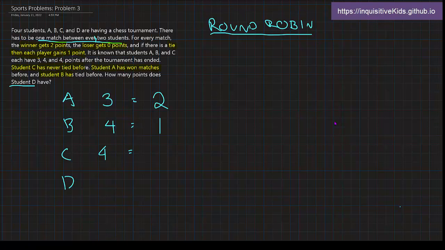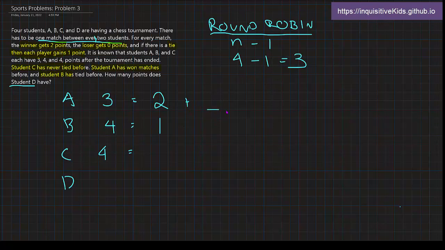From our very first video, when we started introducing the concepts and equations to you guys, we talked about how for round robins, each team has to play n minus 1 rounds, n being the number of teams there are. In this case, we have 4 students, which means we technically have 4 teams. So we had 4 minus 1, and that equals 3, which means that each team plays 3 games.